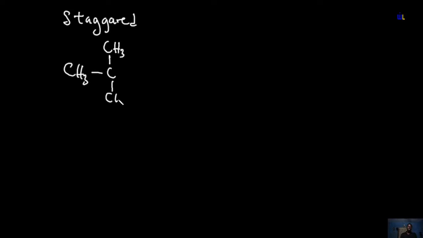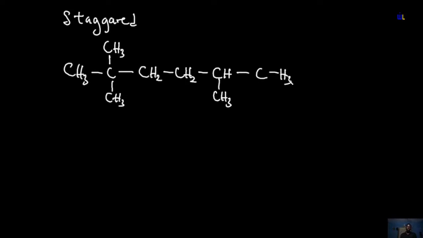If you have this as your staggered structure, let's say I have CH3, another CH3 here, another CH3 here, and then I have CH2, CH2, and then CH, and I have CH3, and I have CH, CH3, CH, CH3, and then another CH3. This is basically the staggered structure.